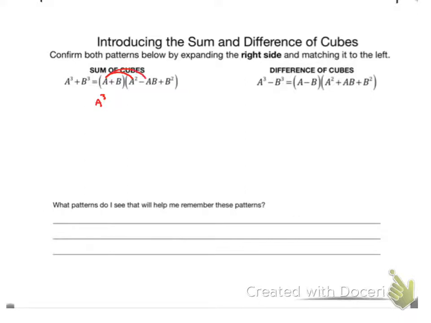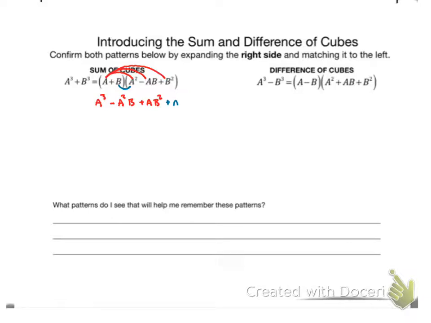A times negative ab. So that's a positive times a negative. That's going to be negative. A times a is a squared. And then we have this b here. Next we have a times b squared. That's going to be plus ab squared. Next we have b times a squared.